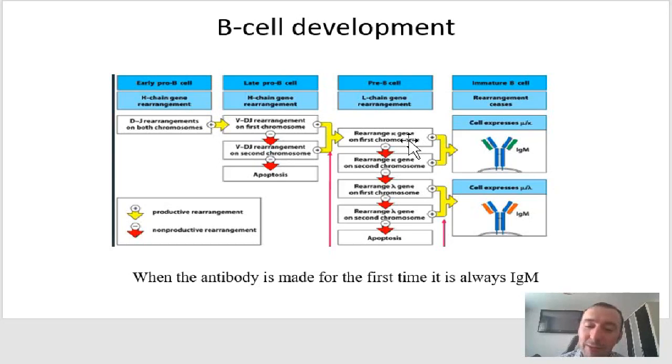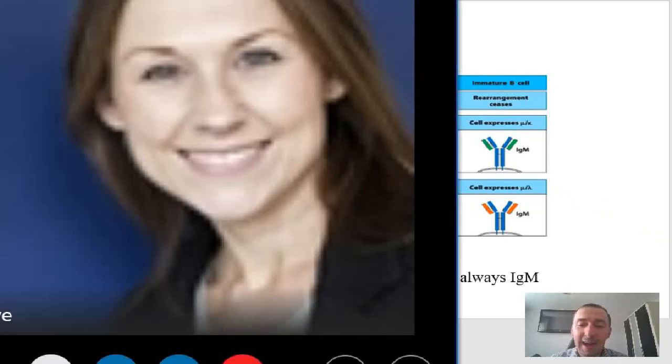So for light chain rearrangement, you get 4 opportunities to rearrange the gene, and if it's not successful at any of those stages, then the cell has to undergo cell death. Once you have undergone successful rearrangement of the heavy chain and successful rearrangement of the light chain, then the immature B cell will express IgM.